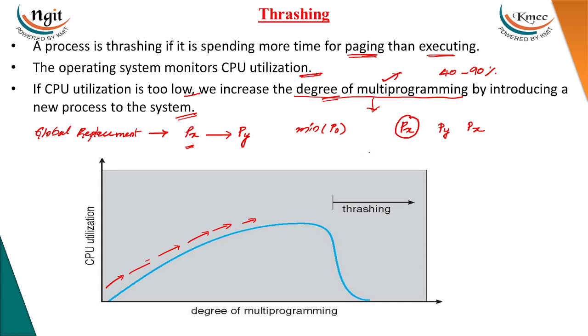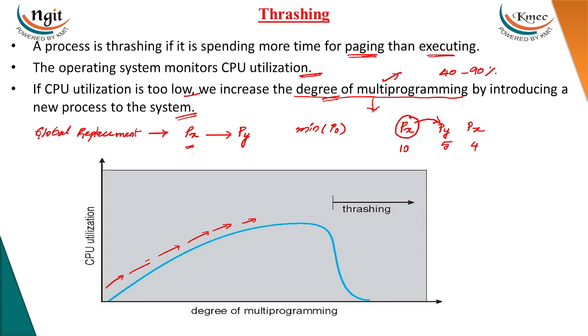As we keep increasing the degree of multiprogramming, Px will take frames from Py. Suppose Px has 10 frames, Py has the minimum number of frames, exactly 5, and Pz has the minimum, 4. Currently all of them have their minimum number.